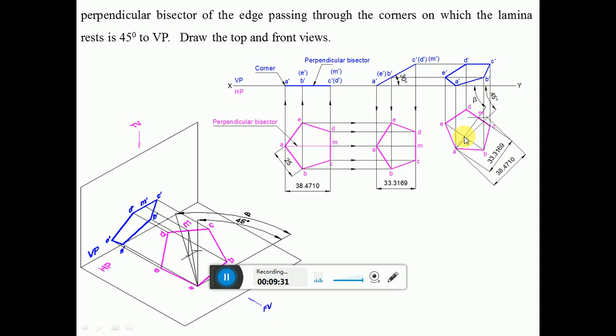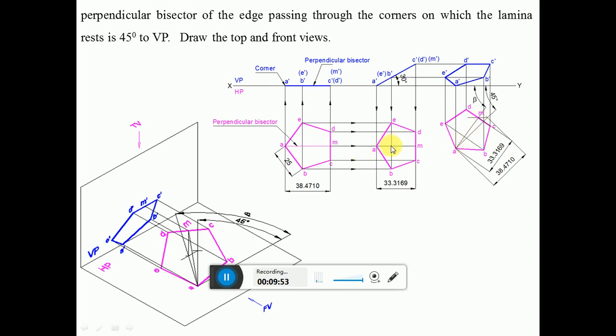Now through this point, you have a line which is perpendicular to this. So you have a line now which is inclined here, and you have got this point. By using the protractor, you measure an angle of 90 degrees with respect to this line and draw a perpendicular line to this line.